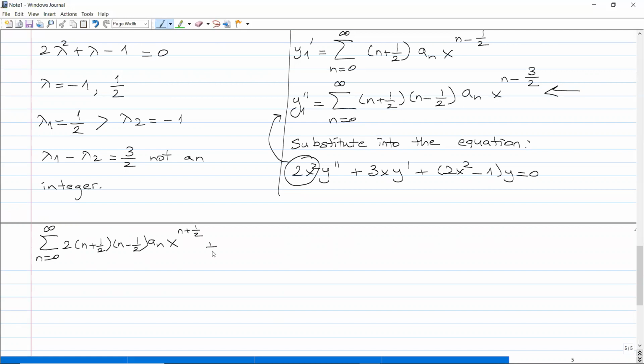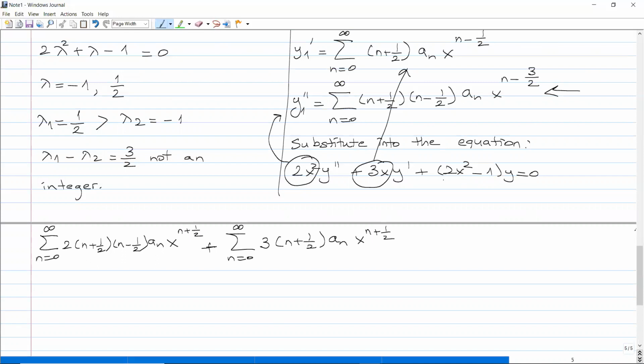Then plus y prime, I multiply with 3x. N from 0 to infinity, 3 (n plus 1/2) an x to the power n plus 1/2, because I multiplied with x, so the power becomes n plus 1/2.